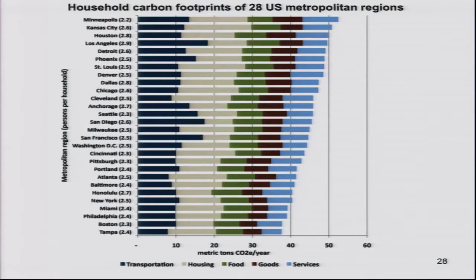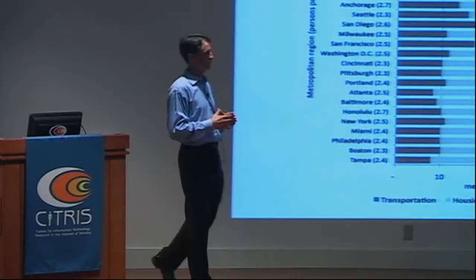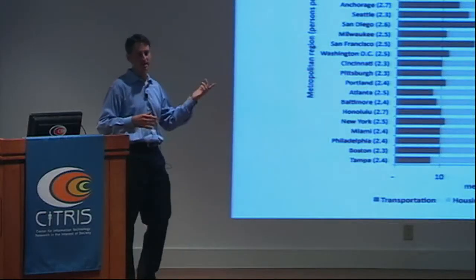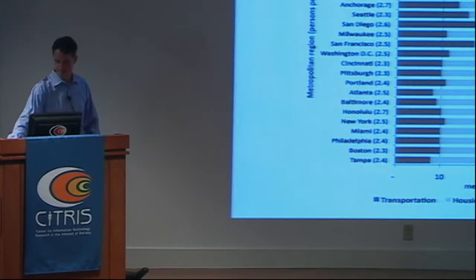So if we look in San Francisco or in San Diego, a lot of it is in transportation, and this household piece is relatively small compared to some other cities where household energy would be small compared to transportation and so forth. So cities are interested in this type of analysis to get an estimate of what types of things they should be focusing on to reduce carbon footprints, not just from households, but also from businesses.